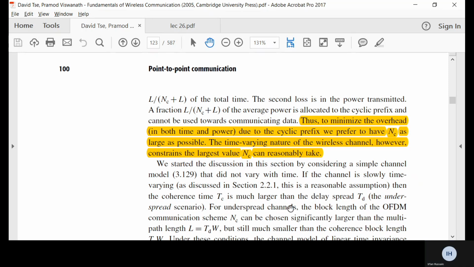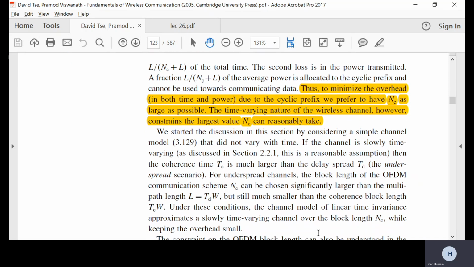We also know that for our underspread channel, coherence time is much larger than delay spread. As we saw in chapter 2, coherence time was in the range of milliseconds, while delay spread was in the range of microseconds. So how can we constrain our NC?